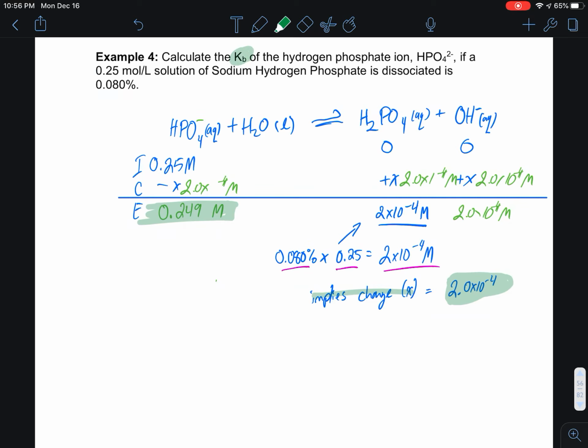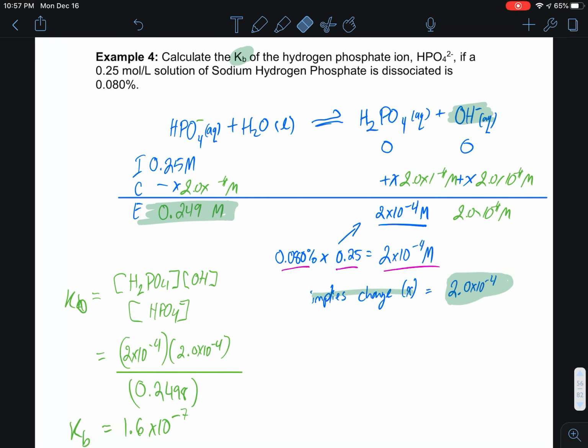Notice that this is a Kb that they're giving us. So Kb means this is the amount of base action. So we had to think of an equation that produces an OH. So notice I did not choose to donate the proton. I didn't treat it as an acid. I treat it as a base. This is because it's Kb.